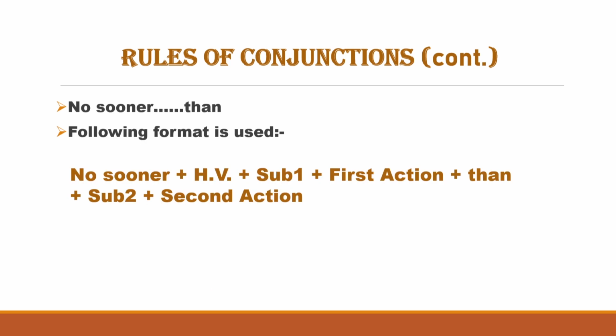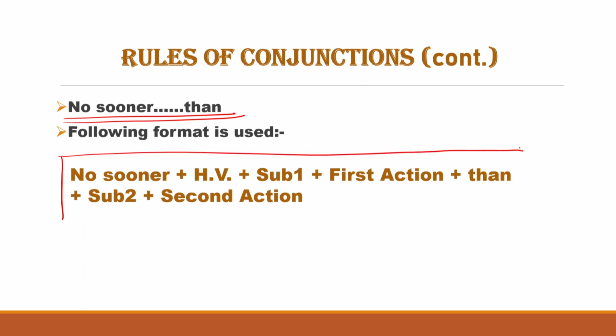Now moving on towards our next rule, which is no sooner than. Now again, no sooner is your correlative conjunction. It is always followed by than. When two tasks occur one by one, then we use no sooner than. So the following format is used for no sooner than.